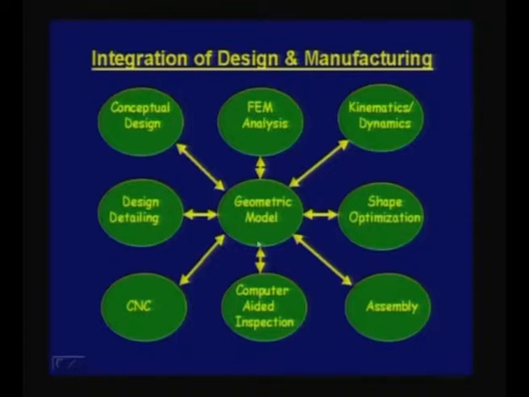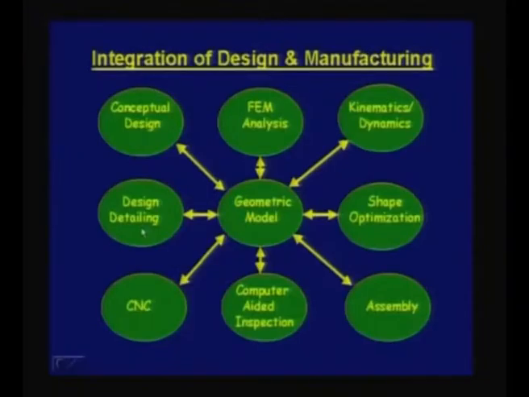We also looked at computer aided inspection in our last lecture. The major objective of any inspection process is to see that the manufactured geometry meets the design geometry within certain tolerances. That means there is not much deviation in the two. So, you are again using the geometry which has been designed, and you get a geometry which comes from the manufacturing.